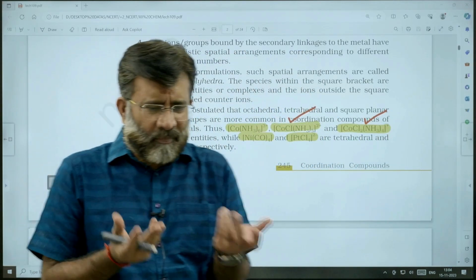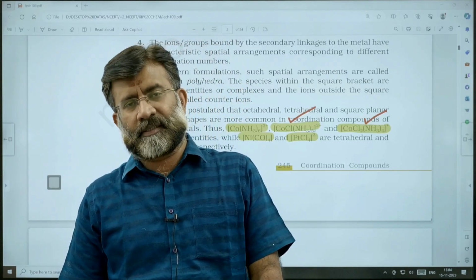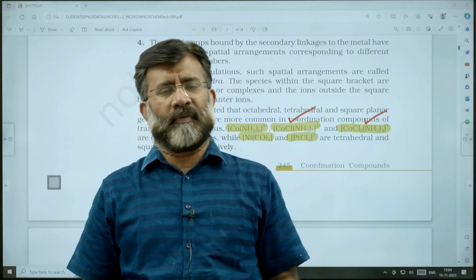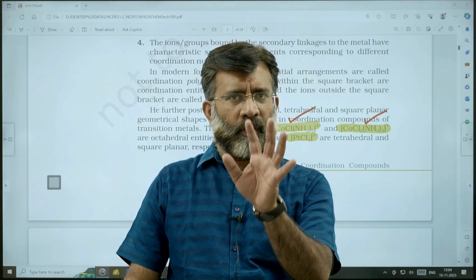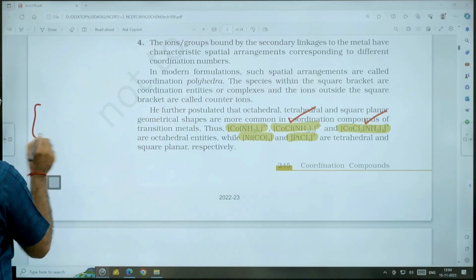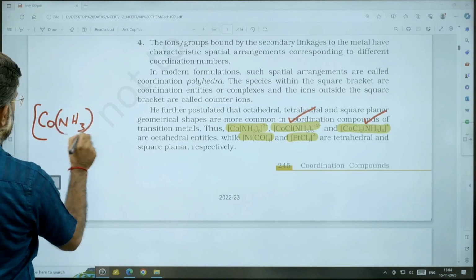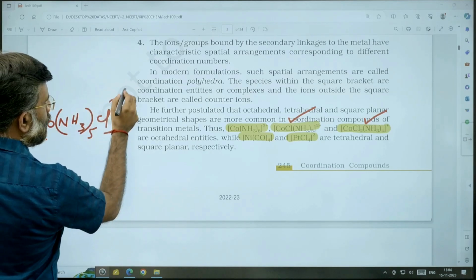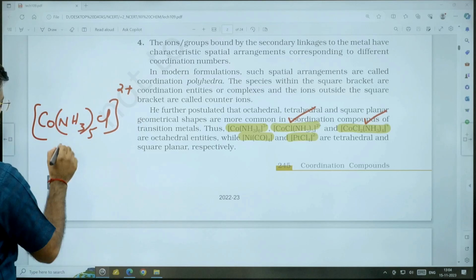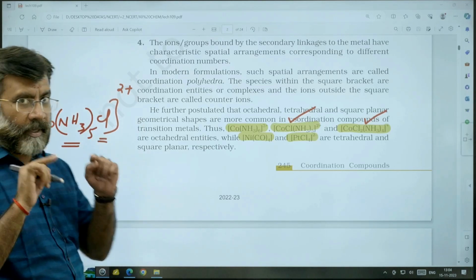Still, in some textbooks you can find questions where the old convention is used. According to the new convention, the formula should be written like this: [Co(NH3)5Cl]2+. You see, ammonia should be written first, then chlorine, in alphabetical order.